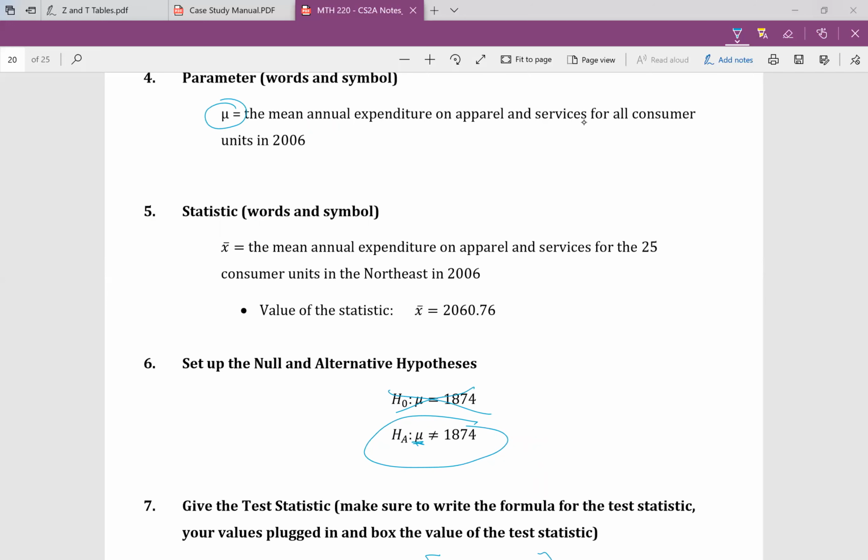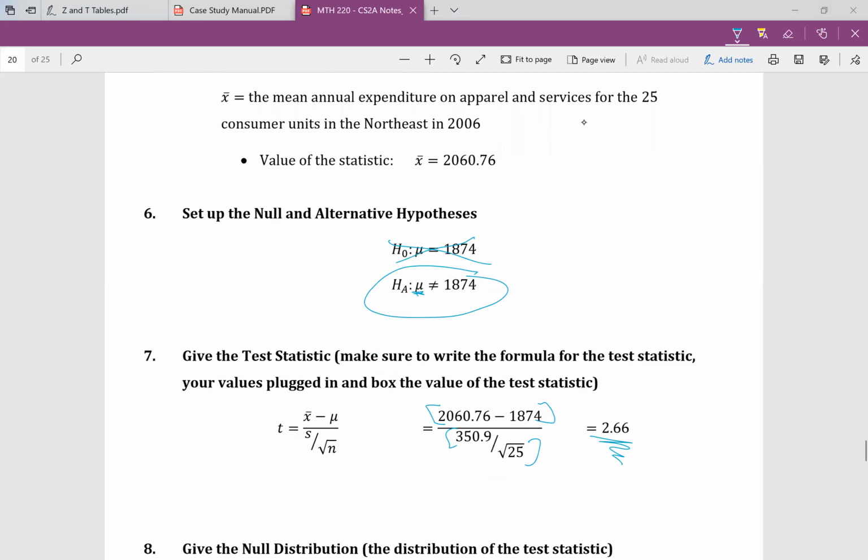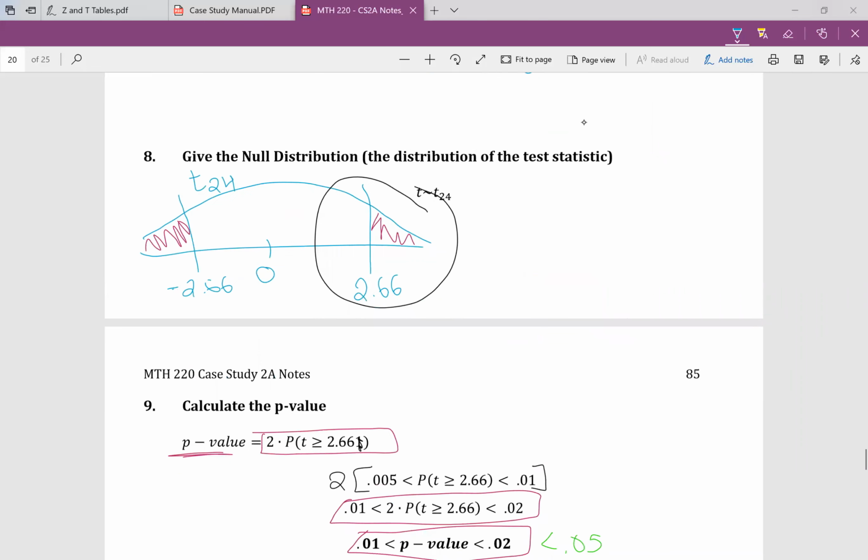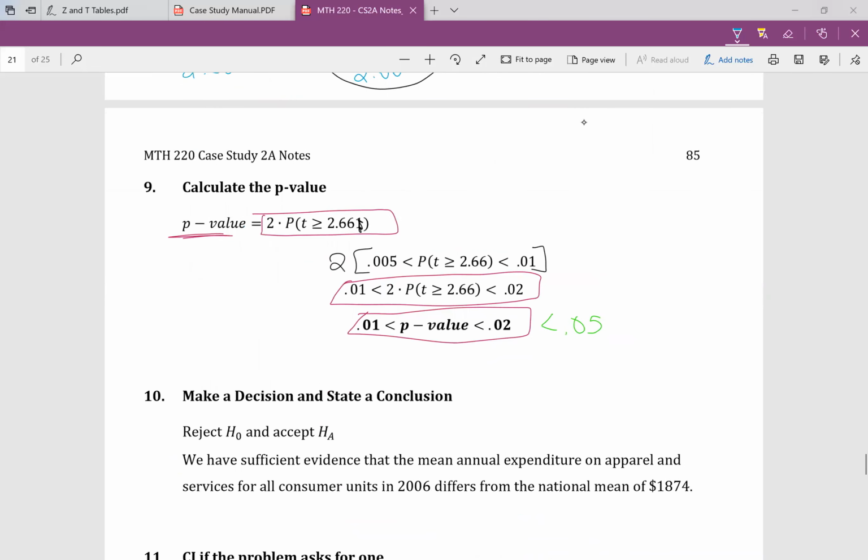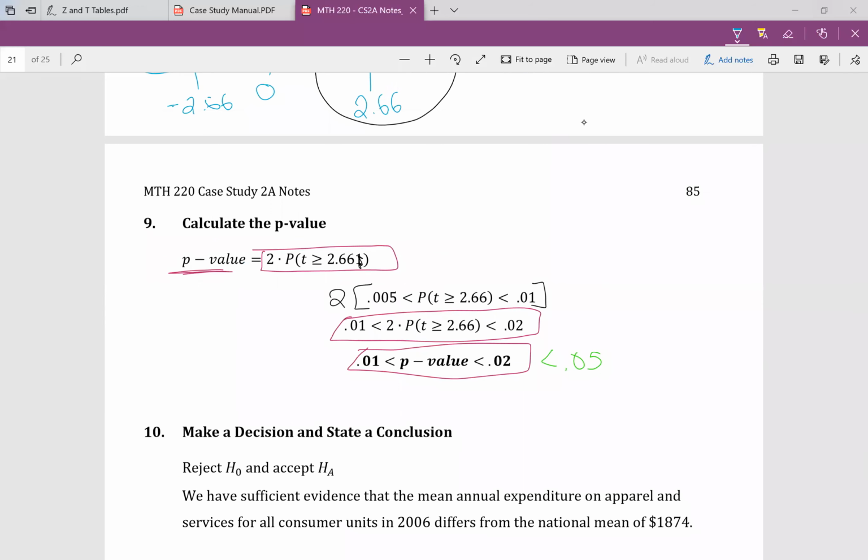To say HA in words, the mean annual expenditure on apparel and services for all consumer units in 2006 is different from 1874. And 1874 represented the national mean. So we do have evidence of a difference here. We have sufficient evidence that the mean annual expenditure on apparel and services for all consumer units in 2006 differs from the national mean of 1874.